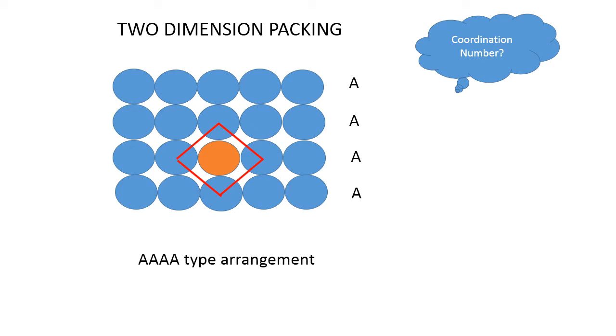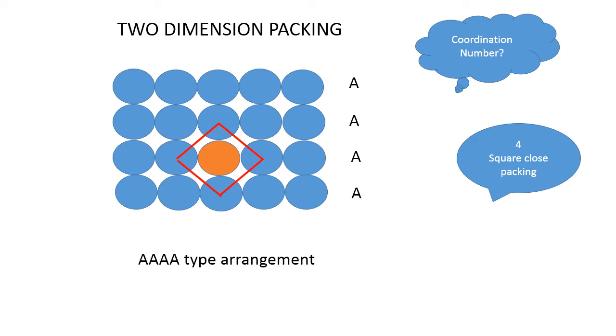When we join the centers, we see that a square is formed. And I also see that there are 4 spheres which are in contact with this colored sphere. Hence, I can say that the coordination number is 4, and because it resembles a square, it is also called as the square close packing.